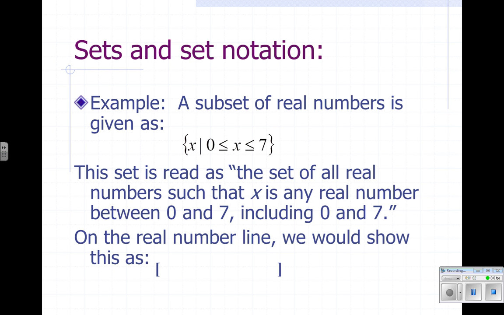On a number line, we would show this by indicating a square bracket at 0 and a square bracket at 7 to indicate that we are including our two values, 0 and 7, and darkening in the number line to indicate that we're including every number along that interval. It's a continuous set of values along that interval, not just the fixed values 1, 2, 3, 4, 5, and 6.